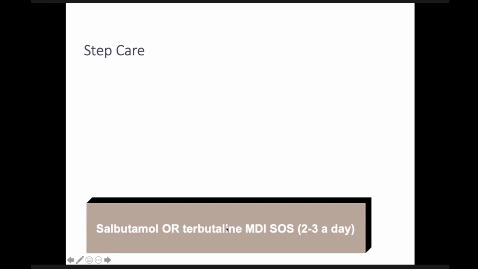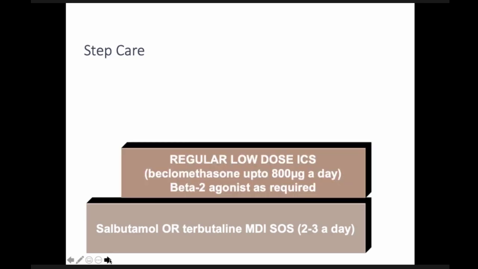Whenever they have symptoms, they can take a salbutamol or terbutaline inhaler, 1 or 2 puffs. But if they are not controlled with that, if they need more medication or regular use of salbutamol or terbutaline, then we realize that we need to go to the second step and add an anti-inflammatory medication. In this case, a steroid inhaler, usually a lower dose steroid inhaler as a regular medication. So that is the second step.